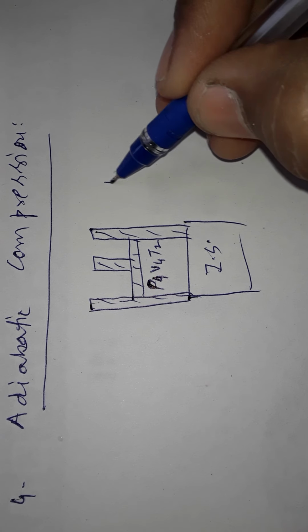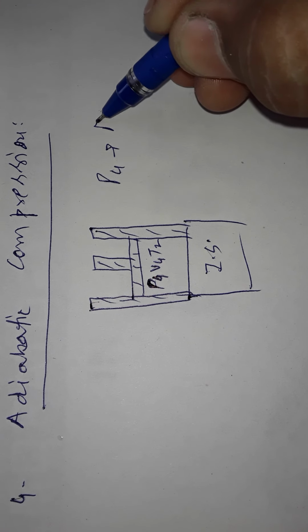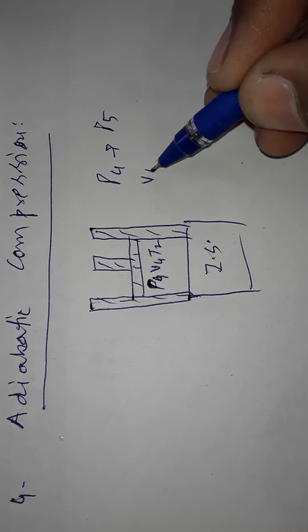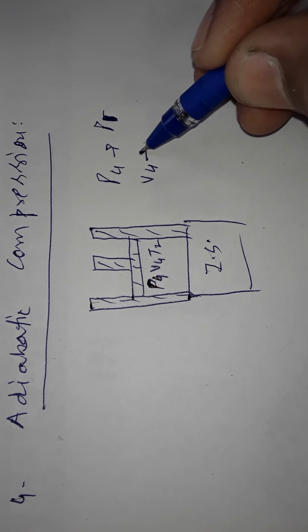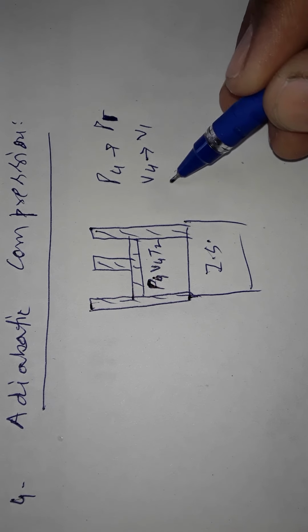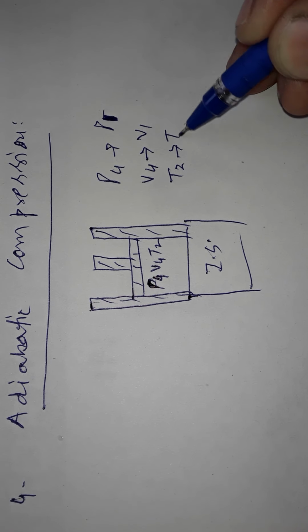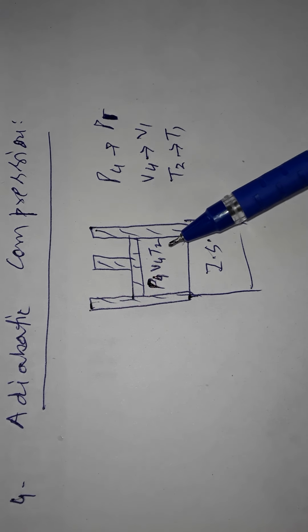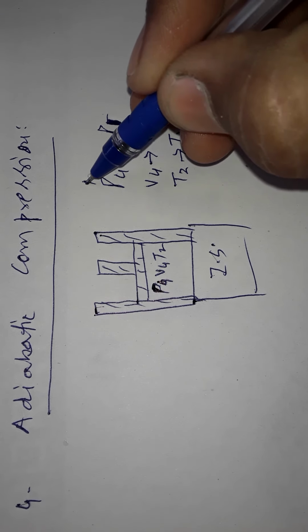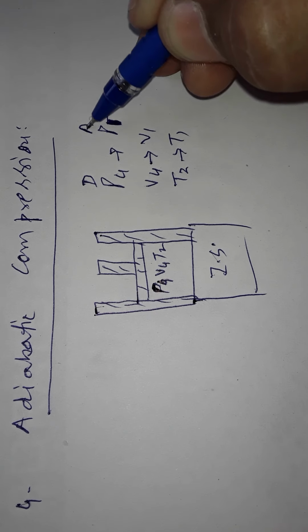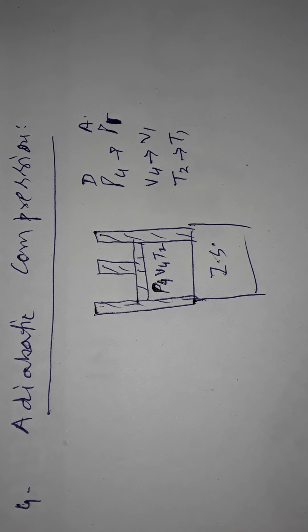Now due to compression, pressure changes from P4 to P1, volume changes from V4 to V1, and temperature changes from T2 to T1, because in compression the temperature of the system increases. So this is point D and this is point A, the initial stage.